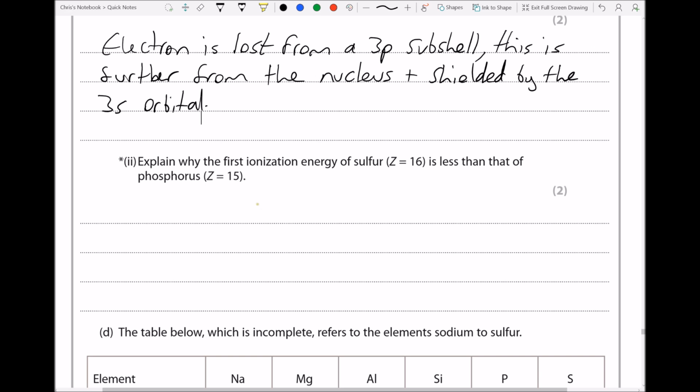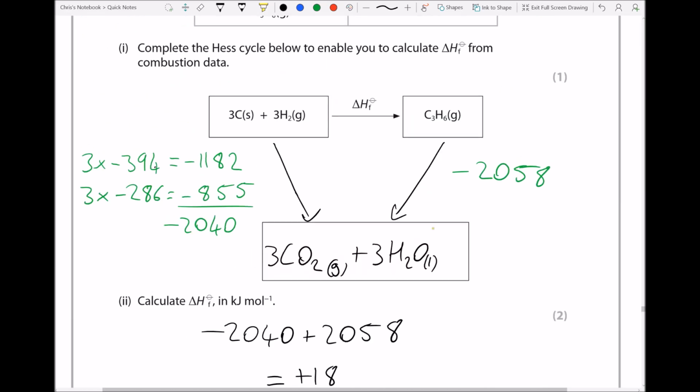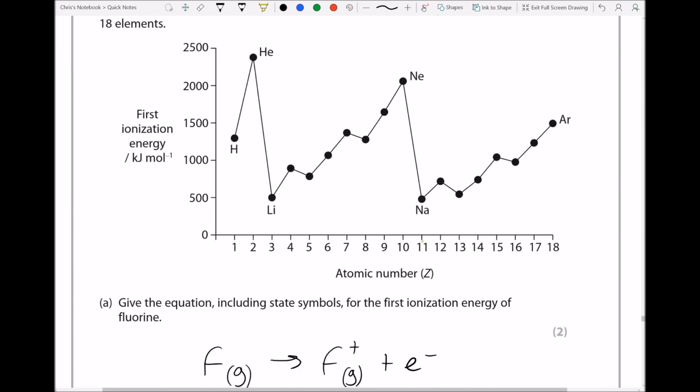Then it goes on to say, explain why the first ionization energy of sulfur, Z16, is less than that of phosphorus, Z15. So let's have a look. 16 is there and 15 is there.